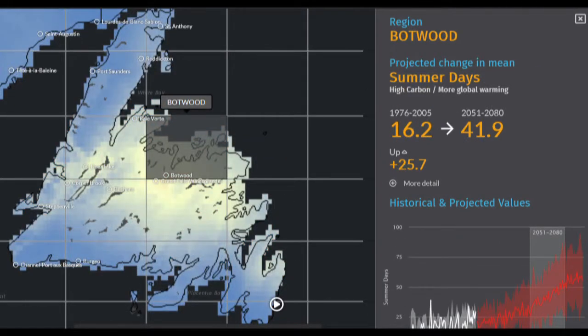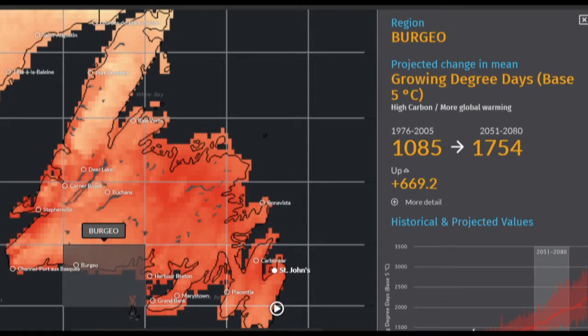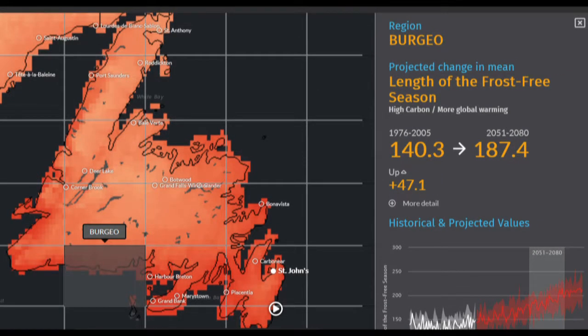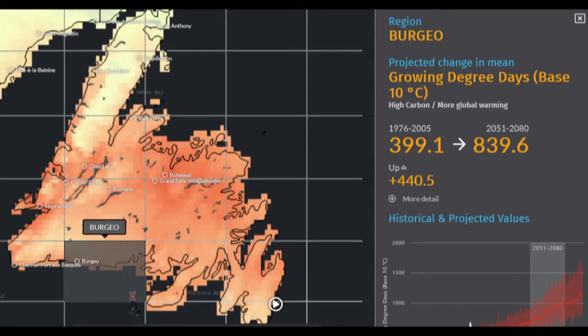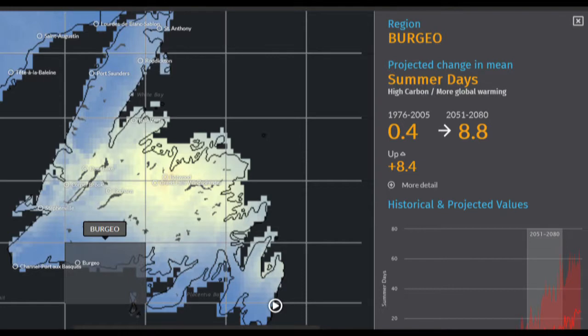We also receive only 17 days of hot weather. The south coast of the island, USDA Zone 6, receives 1,085 Celsius GDUs for a base 5 over 140 days and 399 GDUs at base 10 with no hot weather.